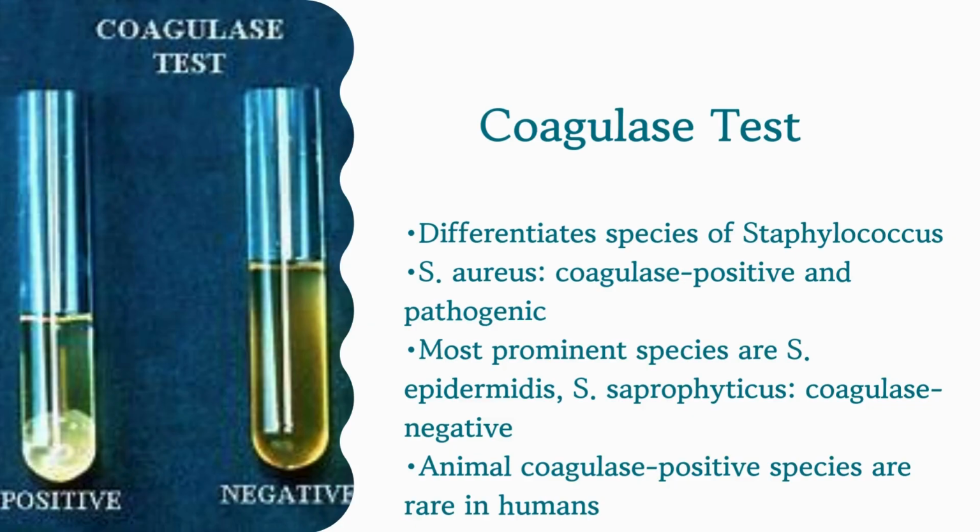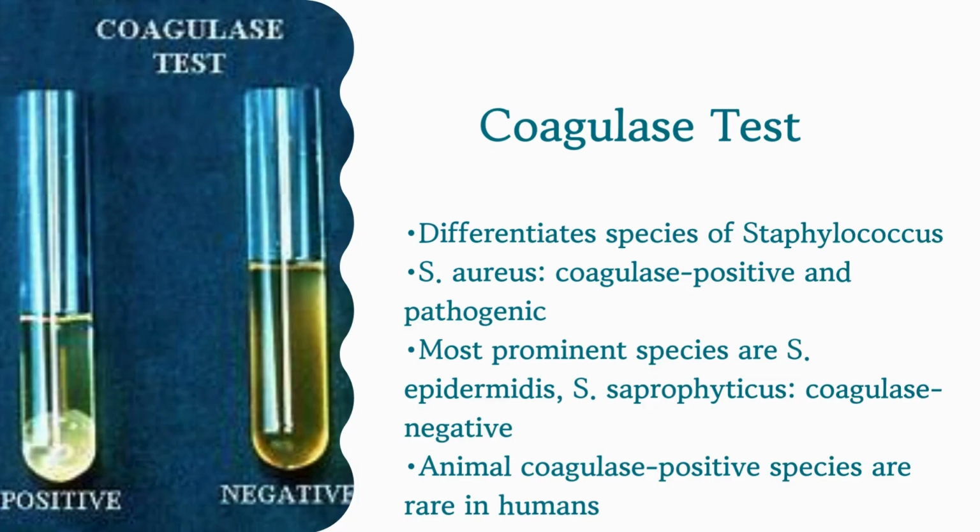The tube method is used for the free coagulase enzyme, and for the bound coagulase enzyme it is the slide method. That is a very rapid test. The results can be seen in 10 seconds.